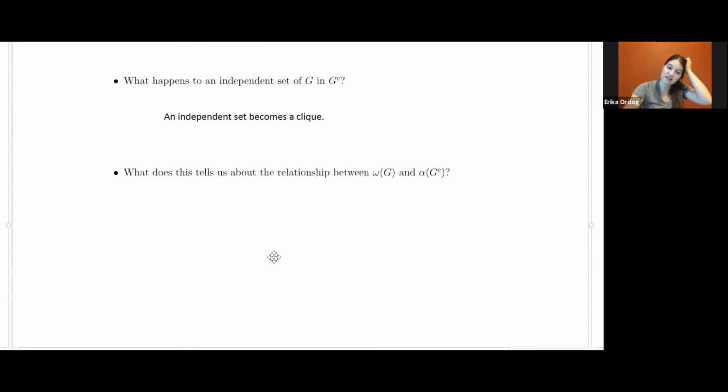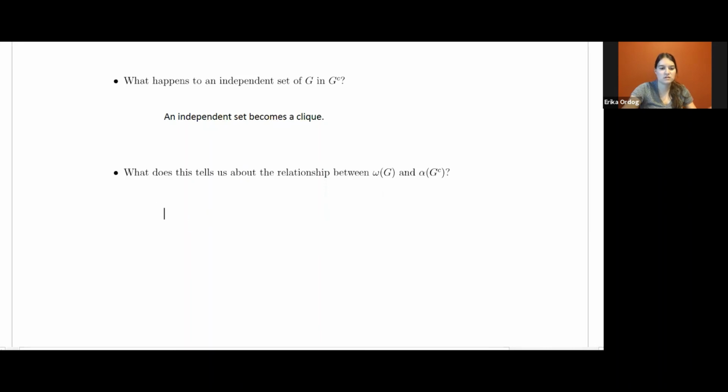So what does that tell us about the relationship between omega of G, the clique number of the graph, and alpha of G complement, the independence number of the complement of the graph? The clique number is the size of the largest clique. And the independence number of the complement is the size of the largest independent set in G complement.